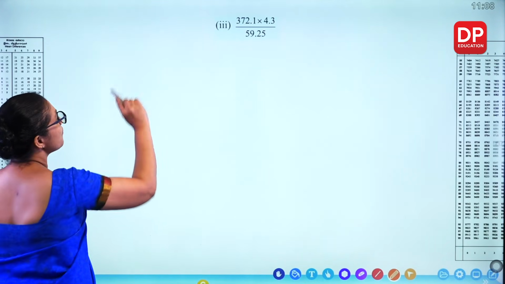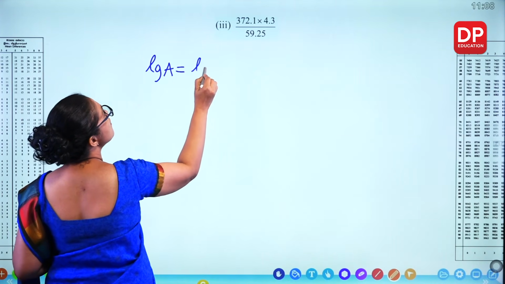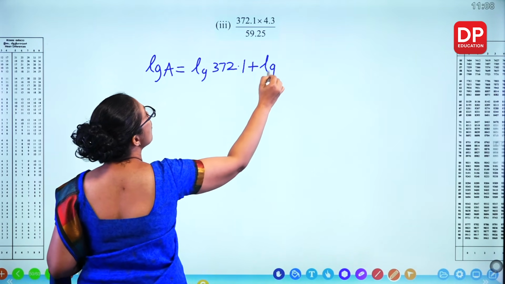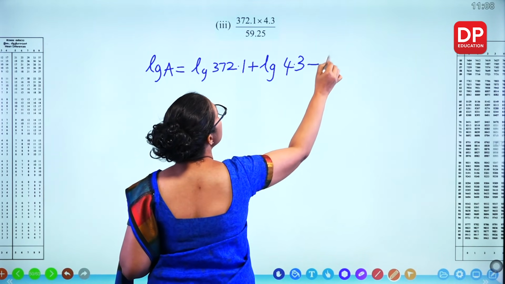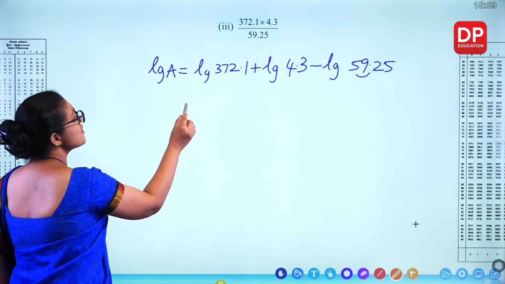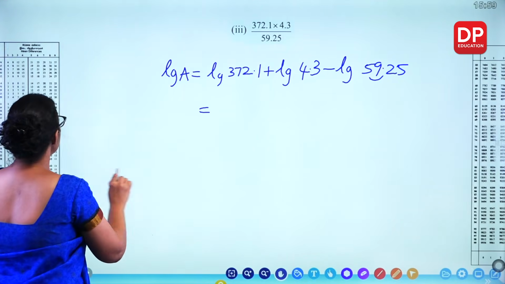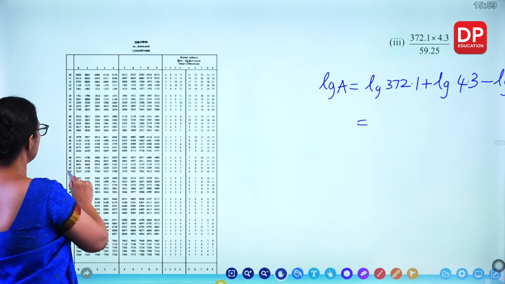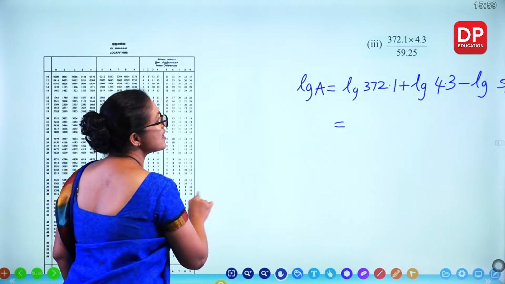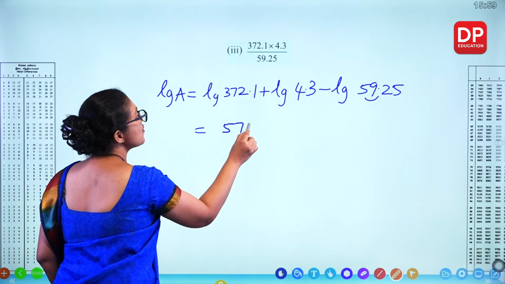Next one, we use logarithms. Log of the value is log of 372.1 plus log of 4.3 minus log of 59.25. Use the table. 37 2 and 1 is 5706.